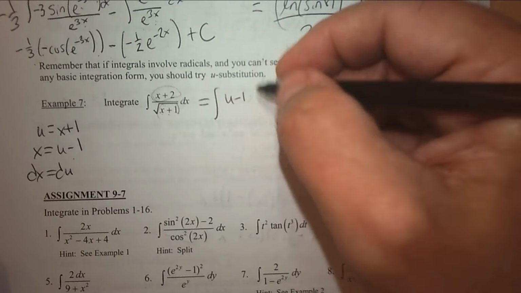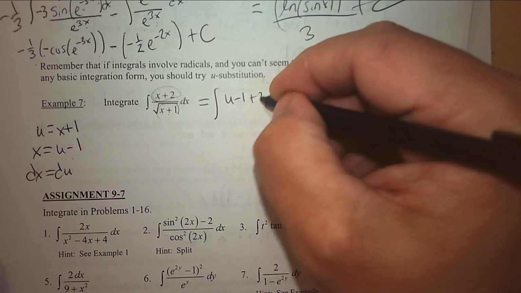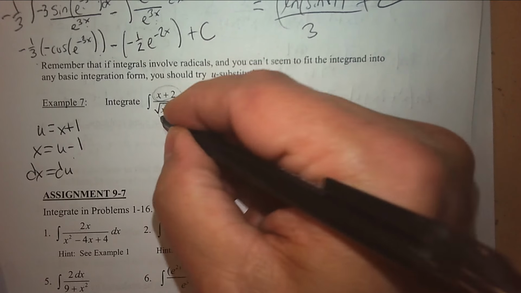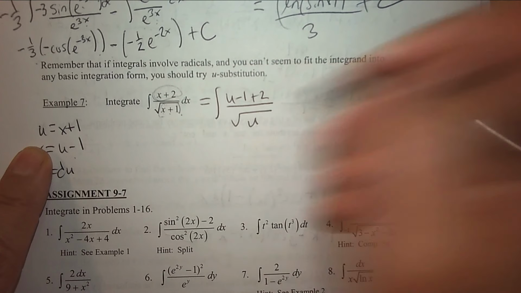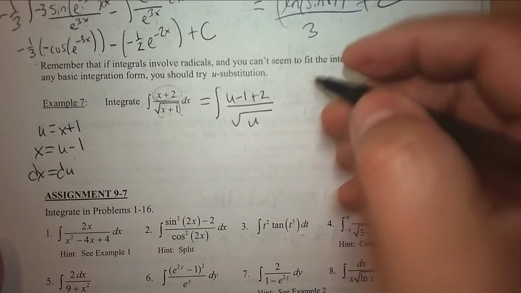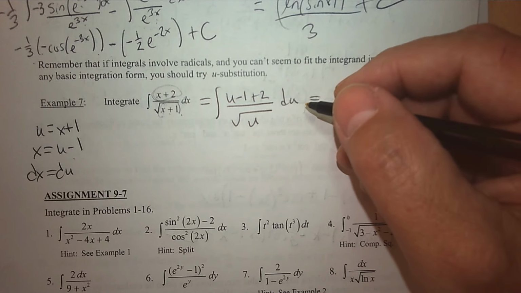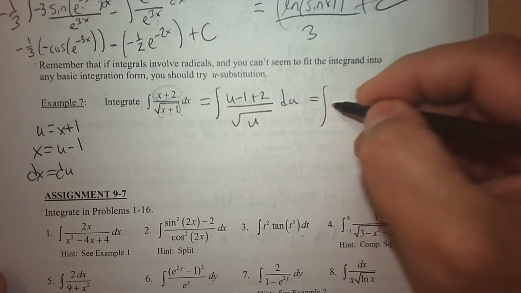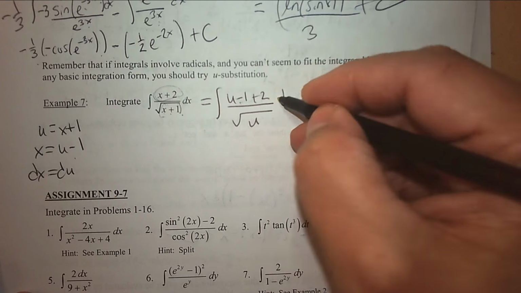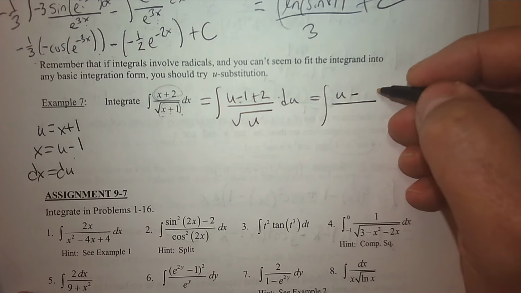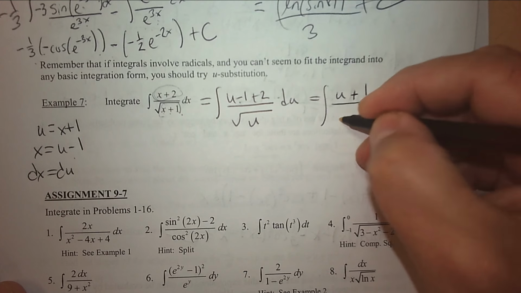U minus 1 plus 2. And the denominator, x plus 1 is just u, and dx is just du. Clean this up a little. Negative 1 plus 2 is plus 1, I hope.